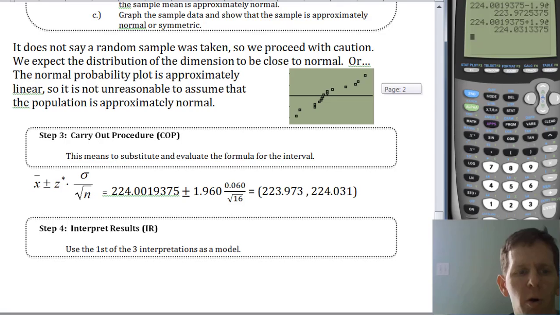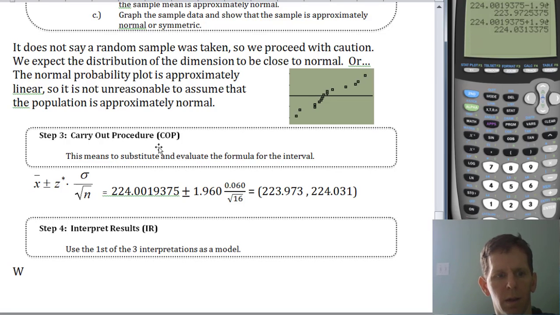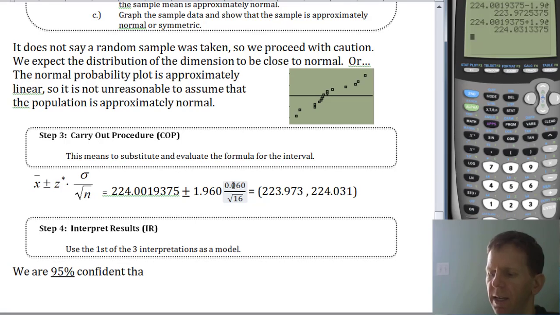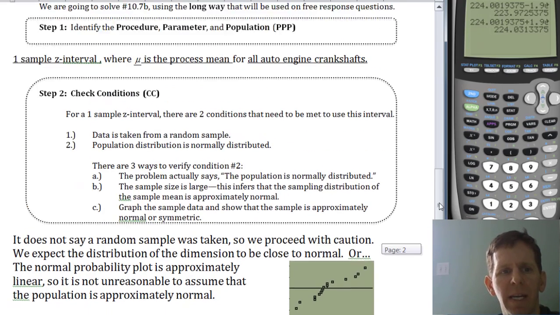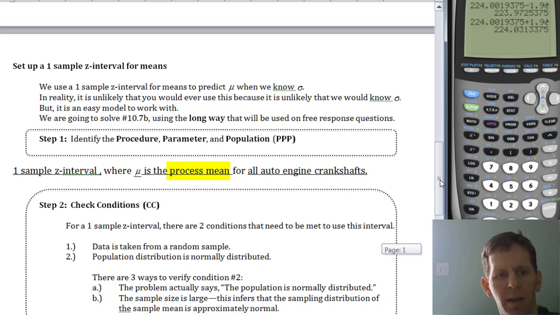So our conclusion will always look something like this, and it's a lot of fill in the blanks. We are 95% confident that the mean, now in our problem it's not a mean year, it's a process mean. So I'm going to kind of plagiarize a little bit from up here.